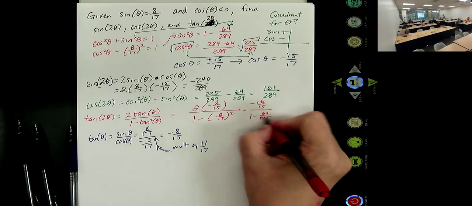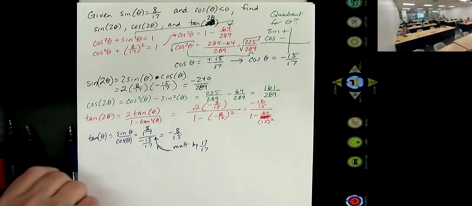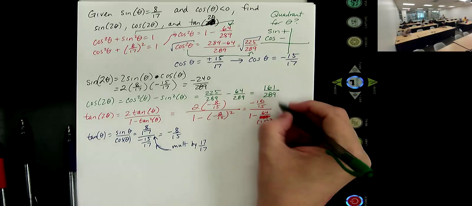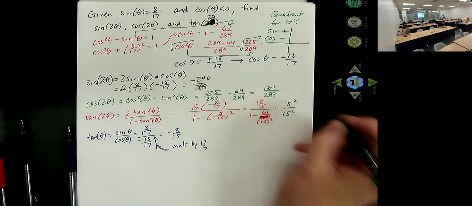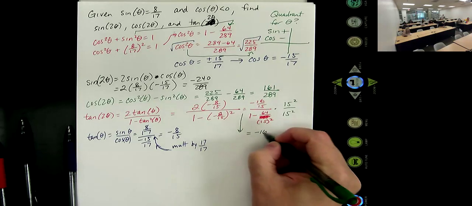I'm gonna leave the 225 as 15 squared, because it's gonna be a little bit easier to see what my next step is. I'll multiply by 15 squared on top and bottom. So this will be negative 16.